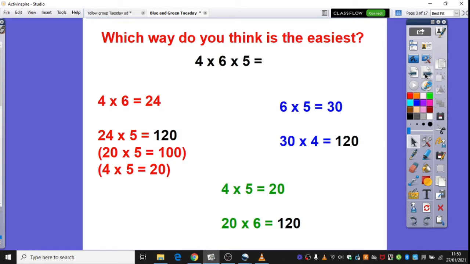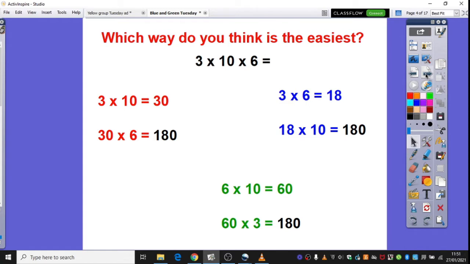Just as a recap, we explored yesterday multiplying by 5, and we found that multiplying the 5 first with an even number was one of the easiest ways to do the whole calculation, as we didn't need to do as much partitioning. Our second example, we looked at multiplying by 10.